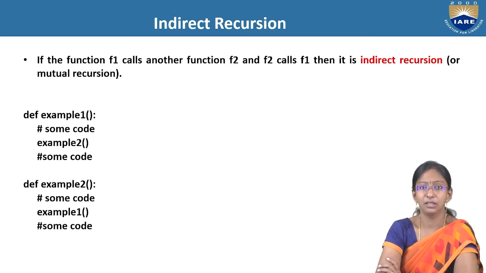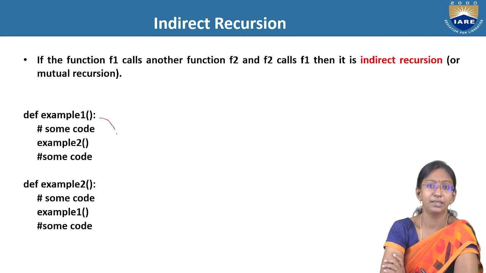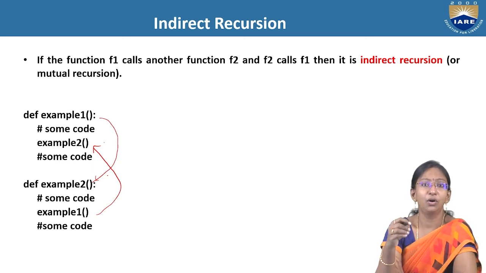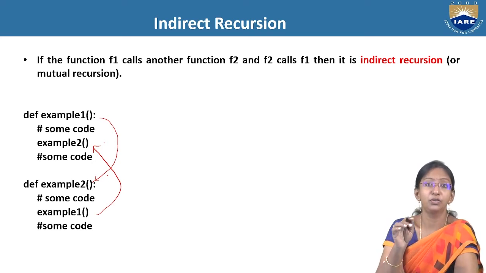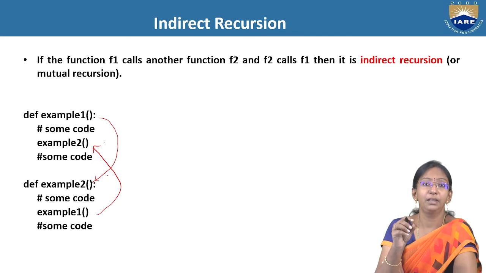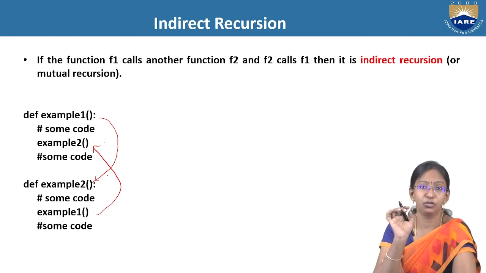Have a look at this example. There are two functions over here. Example 1 is calling example 2, whereas example 2 is calling example 1, right? So they are calling each other. It's mutual, right? And this loop is going to break when the breaking criteria gets reached.